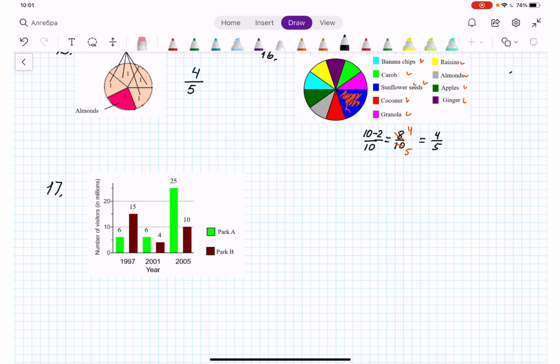Since this is the total, I'm writing it down at the bottom, right? And we are interested in visits to Park B in 1997. To Park B, it's 15. So 15 over 21. And we can reduce by 3. This is 5. This is 7.